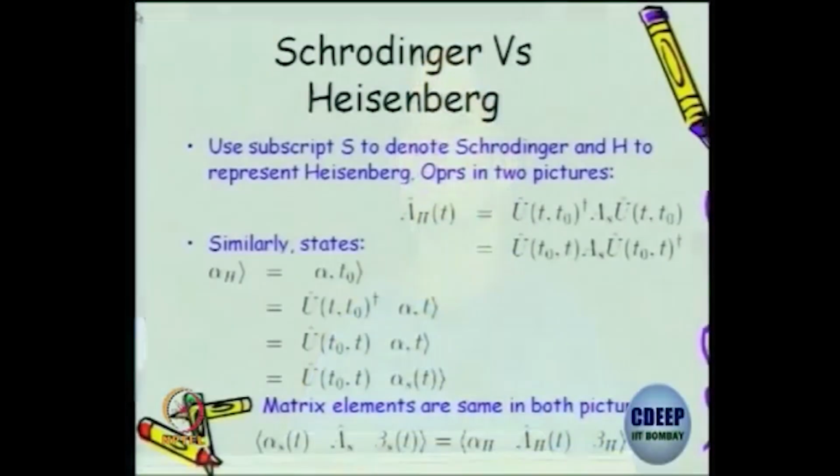But both are equivalent. You can work either in the Schrodinger picture or in the Heisenberg picture. Both are equivalent in the sense that the matrix element of an operator in the Schrodinger picture, which is time independent, where the states are time evolving, is the same as freezing the states and working out the time evolution of the operators, which we call Heisenberg operators.